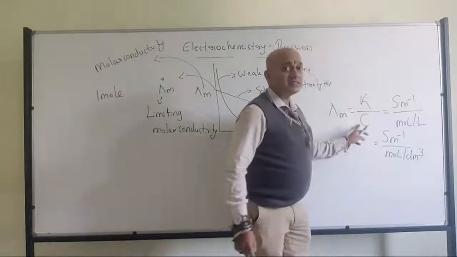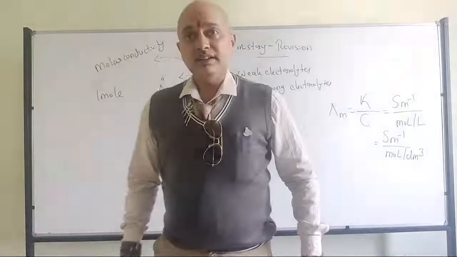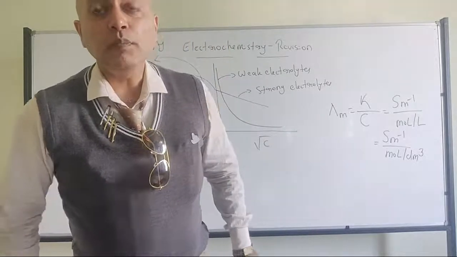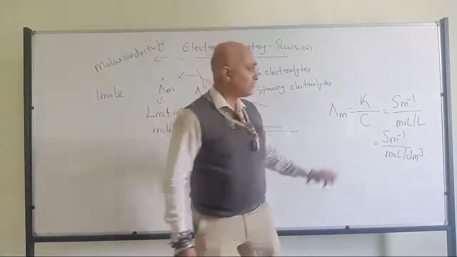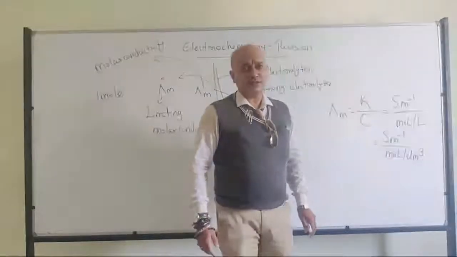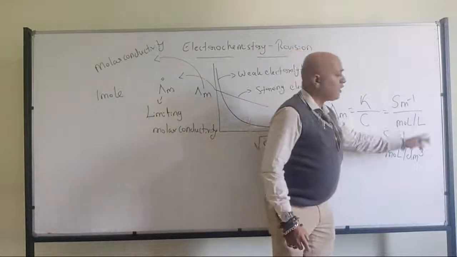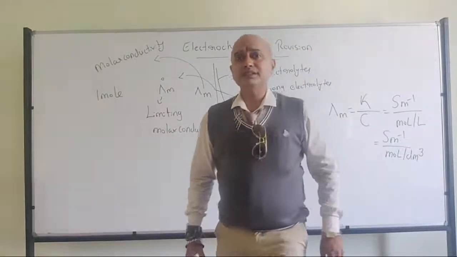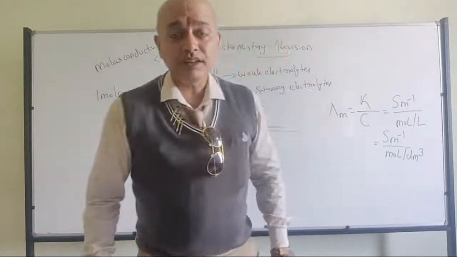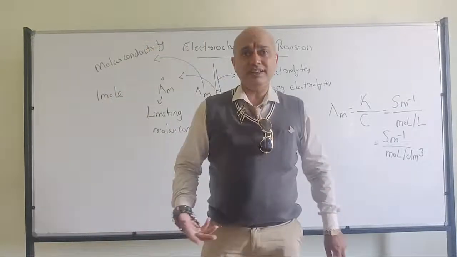And for the concentration, since we are dealing with molarity, the concentration will be the number of moles per volume of the solution. Volume can be expressed in liter, or in meter cube, or whatever it is.